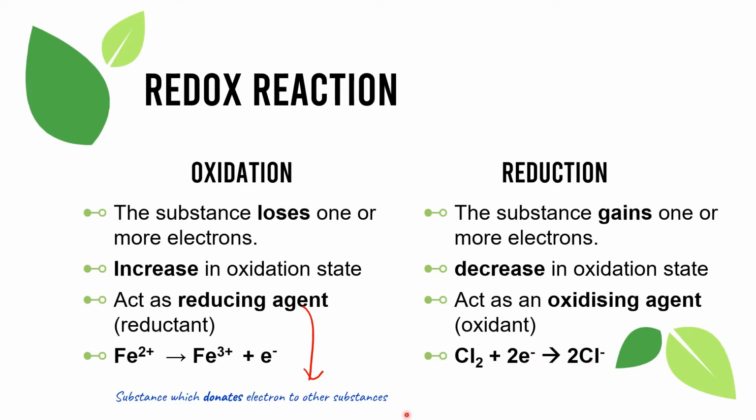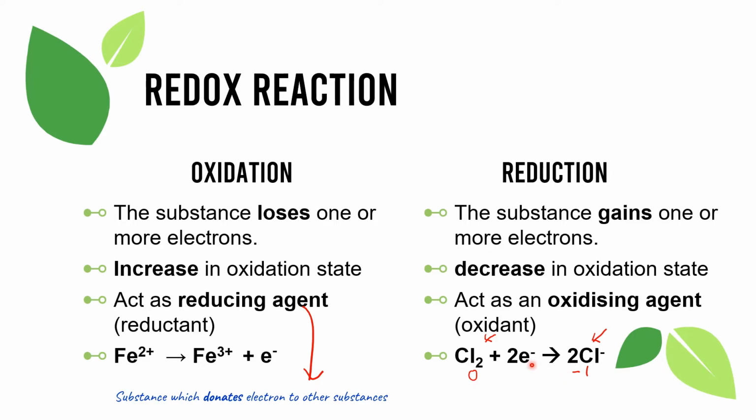To see the change in oxidation number, in Cl2 the oxidation number is 0, and in the product the oxidation number is -1. So the oxidation number has decreased from 0 to -1.